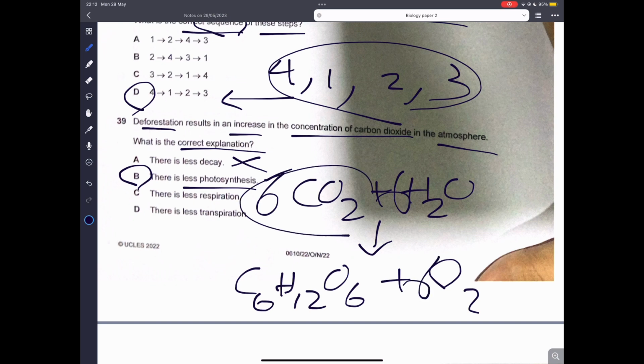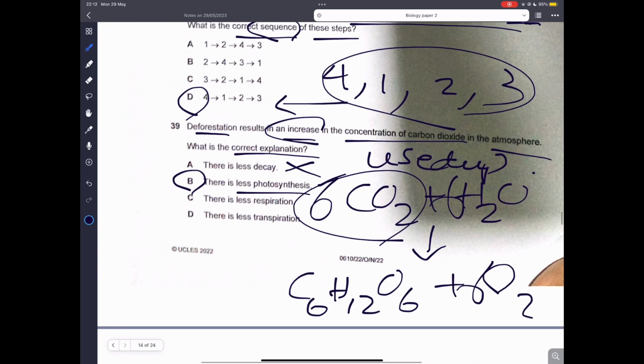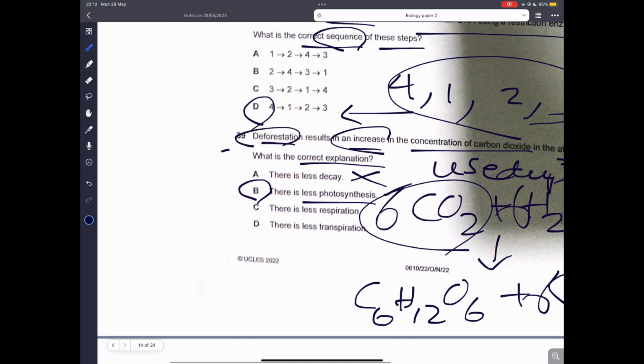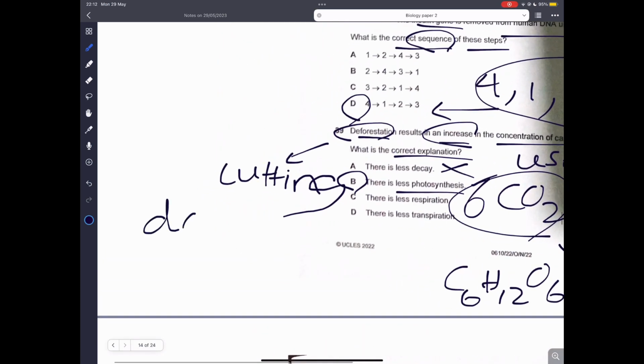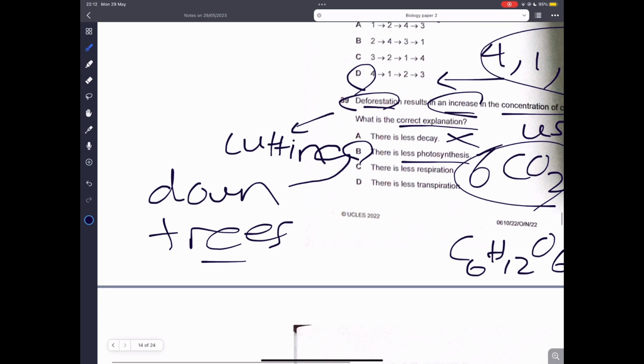Deforestation means cutting down trees, so there is less photosynthesis. Less photosynthesis means less intake of carbon dioxide from the atmosphere by the plants, and therefore this increases the concentration of carbon dioxide in the atmosphere. So B is the correct answer.